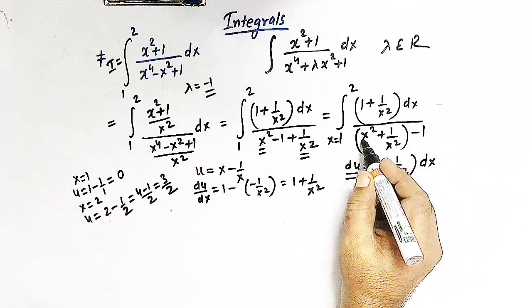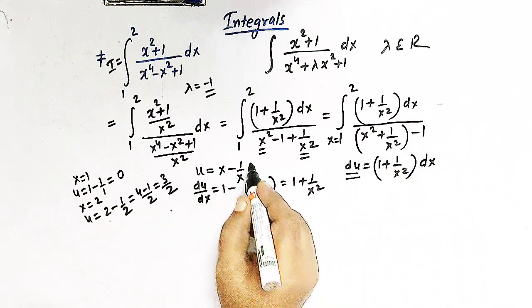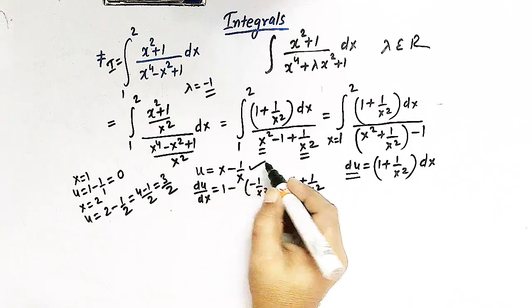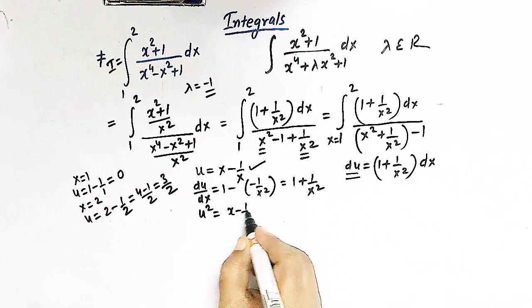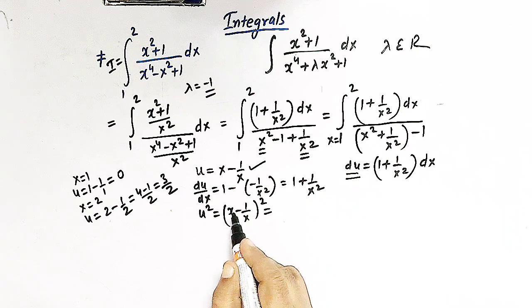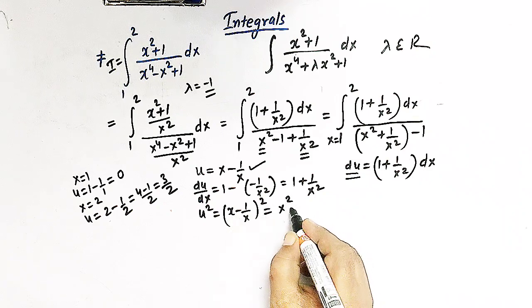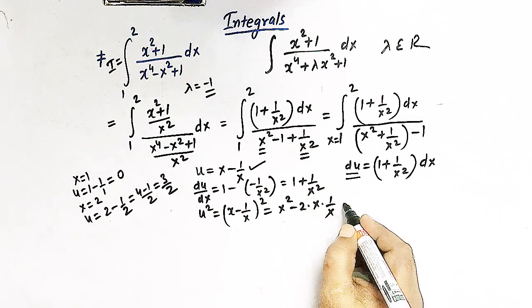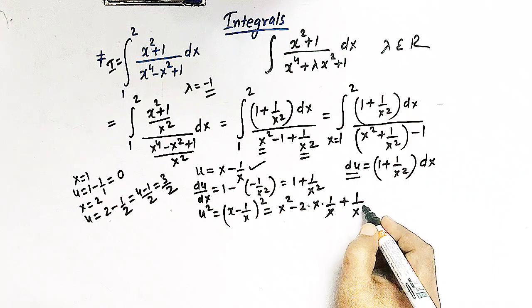Now in the denominator we have x square plus 1 over x square, right? So what we will do, we will square both sides in this substitution. So we have u square, and here we have (x minus 1 over x) whole square, and taking the help of (a minus b) whole square, we can write x square minus 2 times x times 1 over x, that is 2ab, and here we have b square, that is 1 over x square.